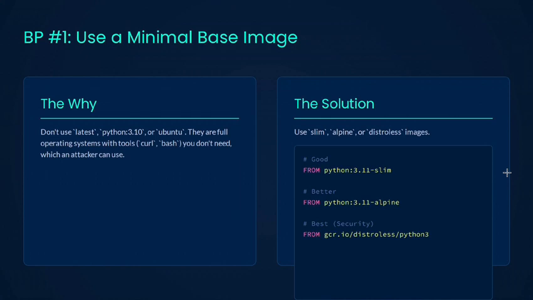So the solution is to use a minimal image. A slim image is good, and Alpine is even better as it's a tiny security-focused base, but the best for security is distroless. Distroless images contain only your application and its dependencies. No shell, no package manager, nothing for an attacker to use.